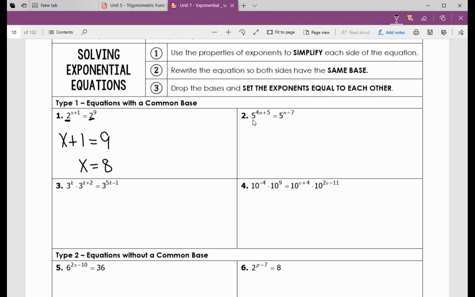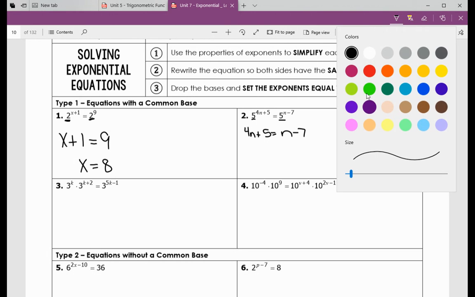Okay. Same thing here. I have bases of 5. So once you have the same base, you drop the base and set the exponents equal. So 4n plus 5 equals n minus 7, and you solve that.